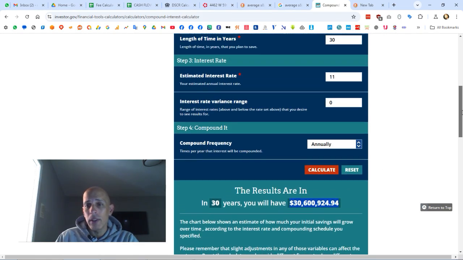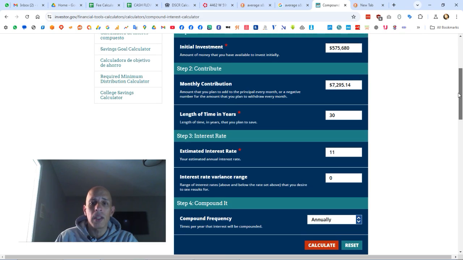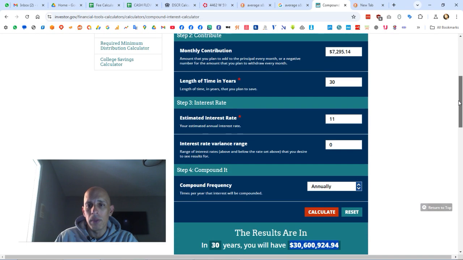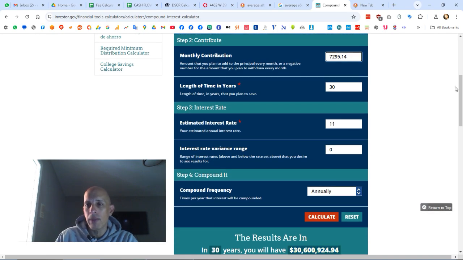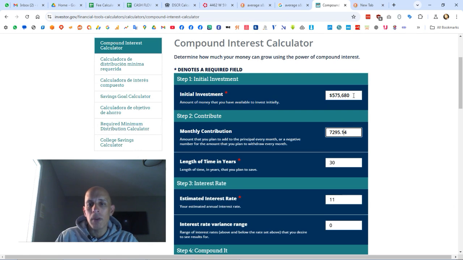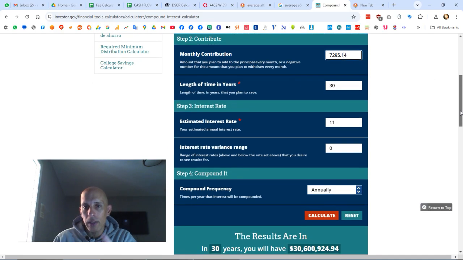So yeah, you might just be better putting your money in the stock market at this point, because if you just put that 575 in the stock market and never made another monthly contribution, as you would not have to in the case of this building, because the rents are your monthly contribution, you get this.